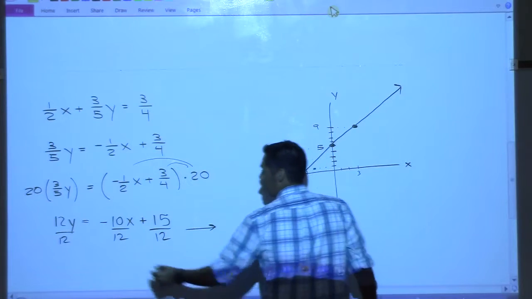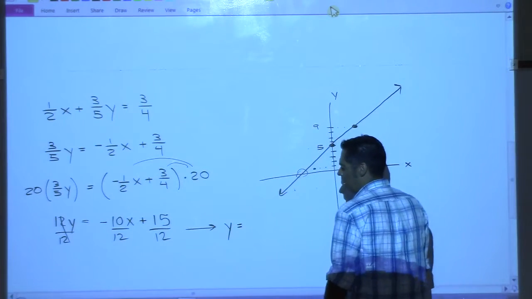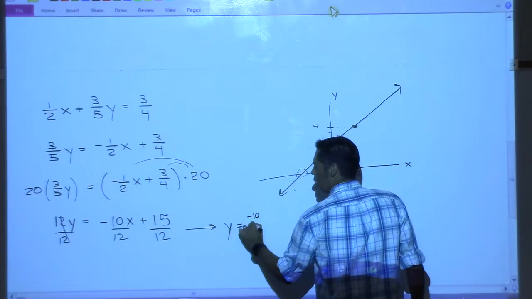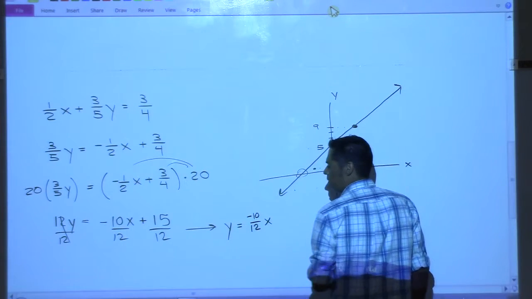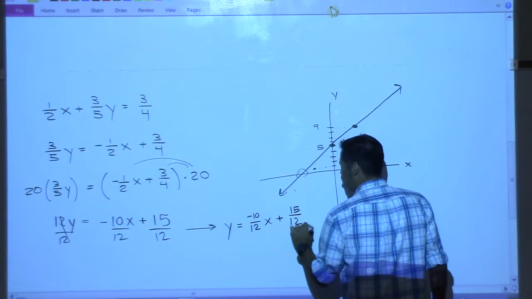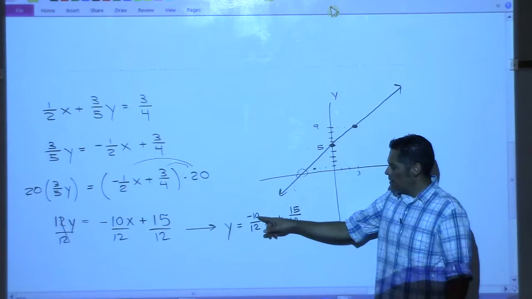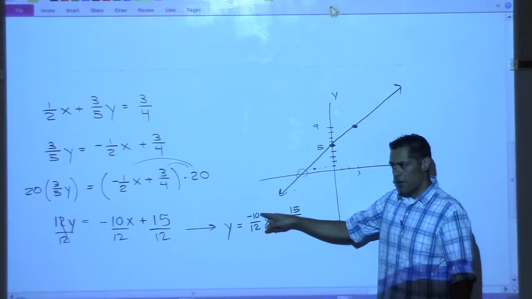Okay, 12 over 12 is 1, so we get y equals, that next one, negative 10 over 12x. I'm going to write it that way. And then plus 15 over 12. I'm leaving those as they are right now, but I am going to reduce those fractions. I'm going to try and reduce them if I can. 2 goes into both of those, right?